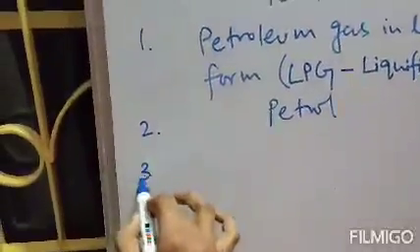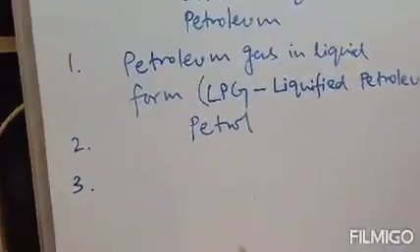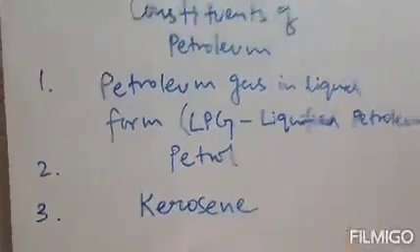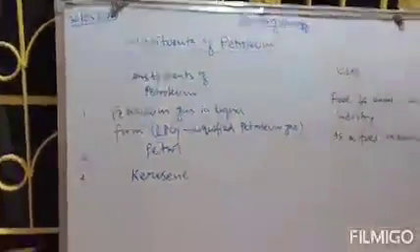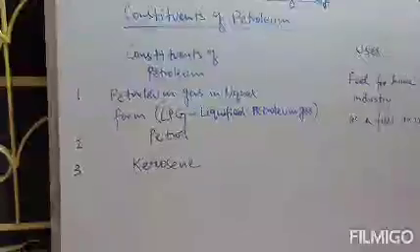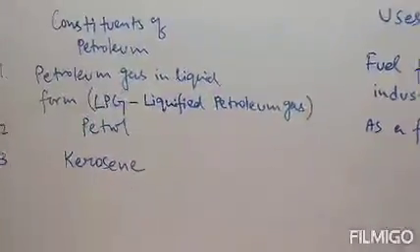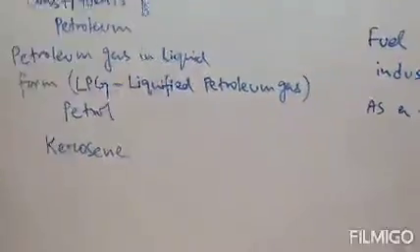The third constituent is kerosene. It is not the main constituent, but it is one of the constituents of petroleum. So number three is kerosene. It is used as a fuel in stoves and lamps. Clear?